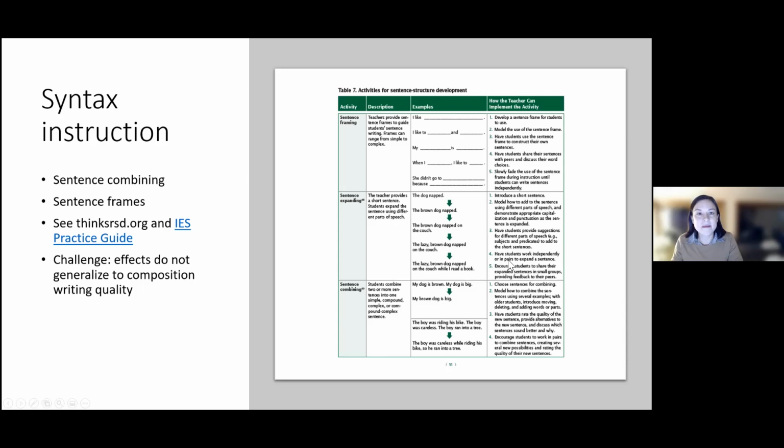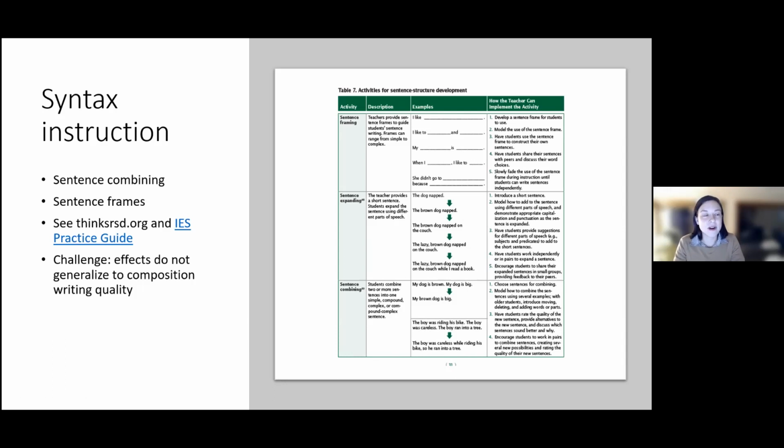Sentence expanding, because we find that students who write longer sentences and wider varieties of sentences, that really predicts their writing quality. And then doing that sentence combining practice where you have 2 or 3 sentences and you need to put them together into one more complex sentence.